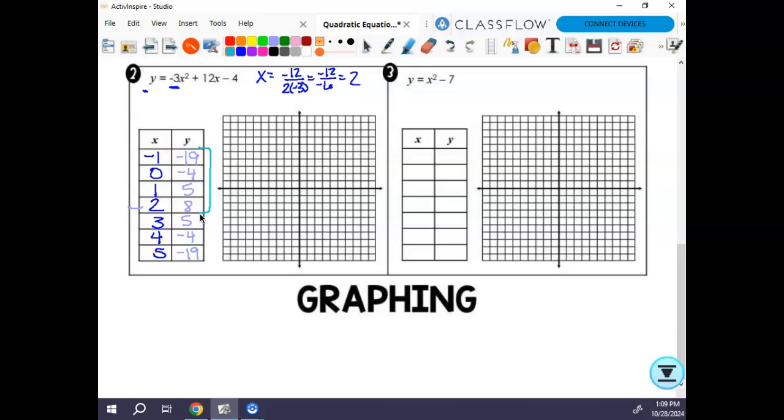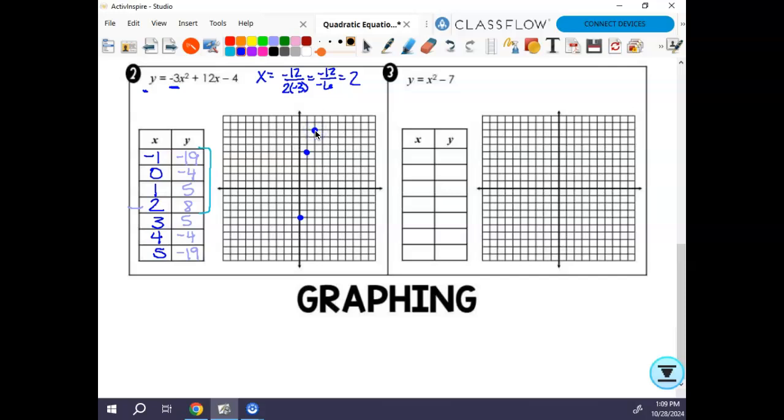I don't even know if negative 19 is on here, is it? It's not. I think the best you can do is we can even skip that one. So if we go to 0, negative 4, make a point, then 1, 5, and 2, 8.